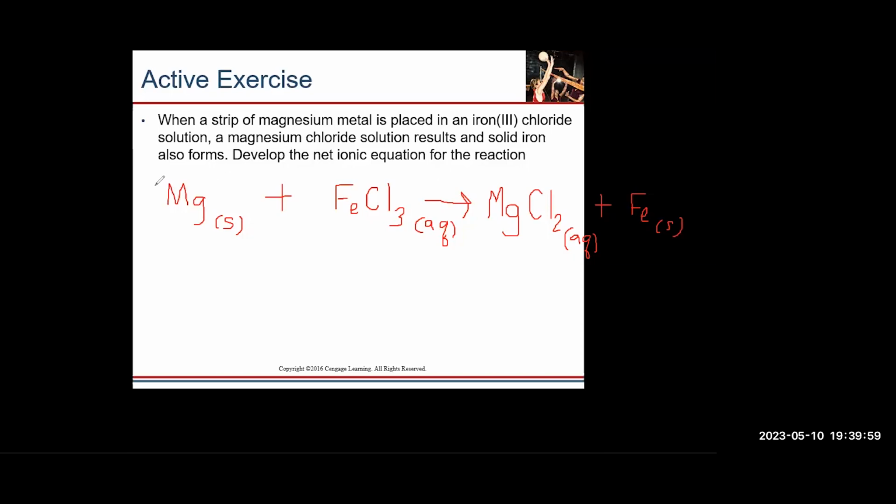A 3 in front of the magnesium, a 3 in front of the magnesium chloride, and a 2 in front of the iron. Okay, everybody agree? Okay, so this is our conventional equation.